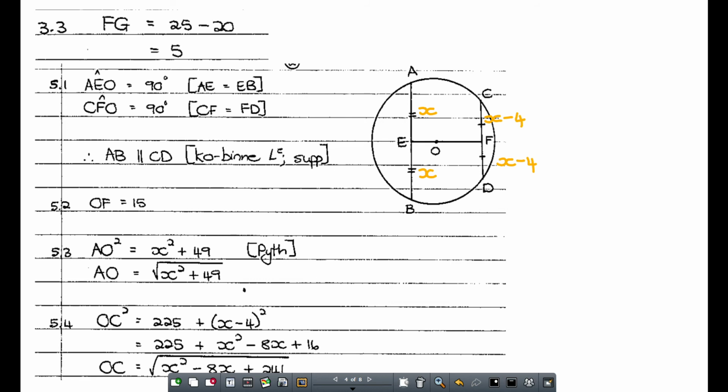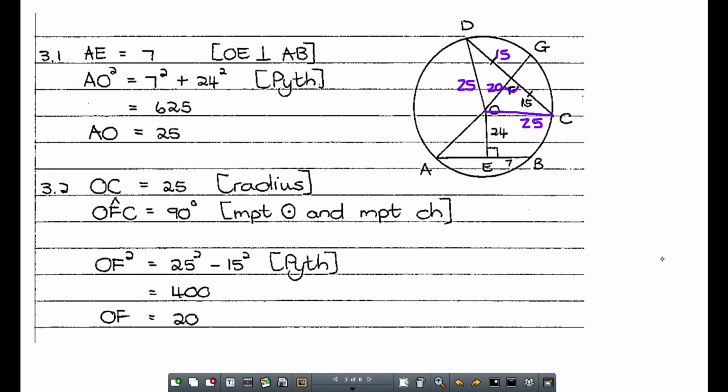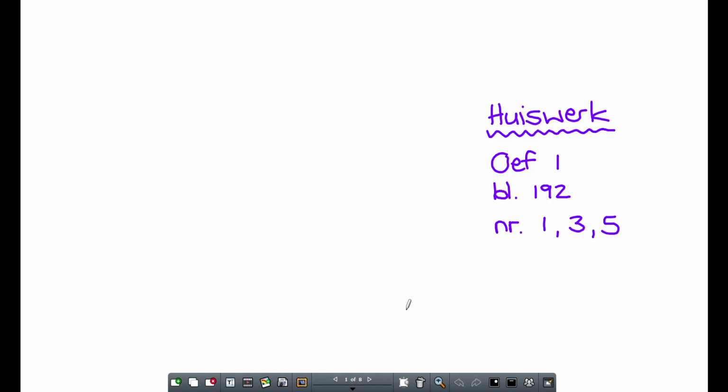Okay, so by 5, just fill in there. Ek gaan dit net gou hier gaan sit. EO is gelyk aan en dan staan daar net eenhede.